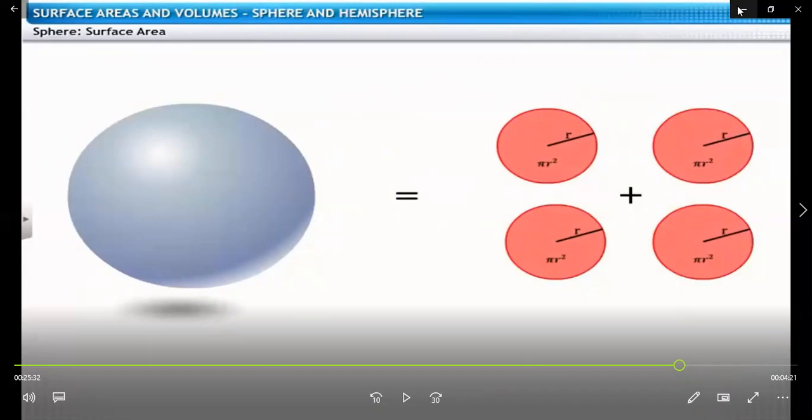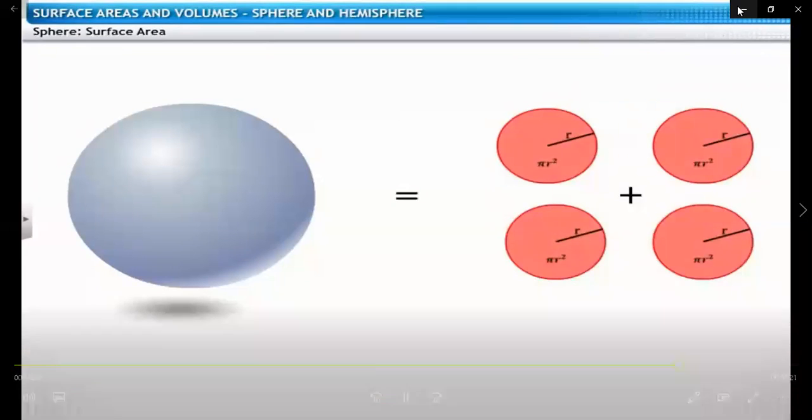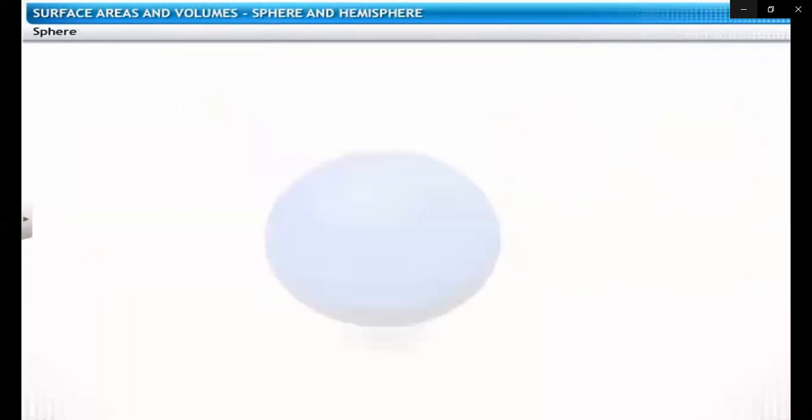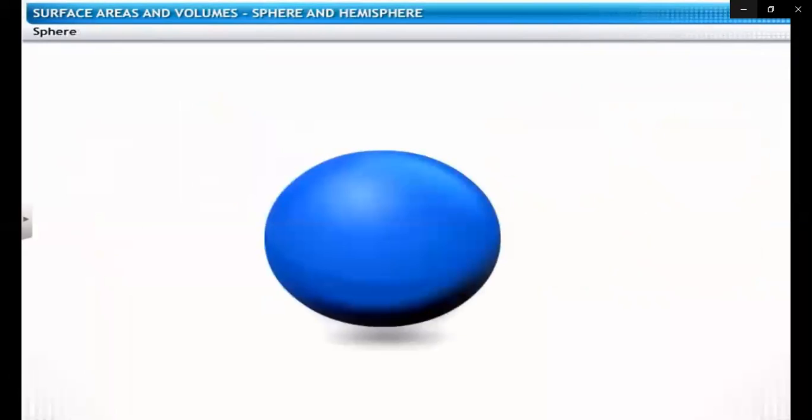A circle is a 2D shape and a sphere is a 3D object, but the radius is the same in both cases. So 4 times the area of one circle equals the total surface area of a sphere.